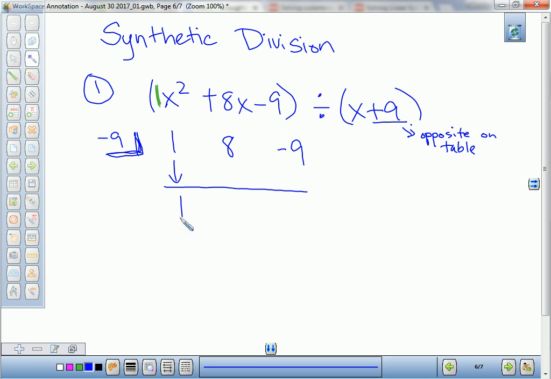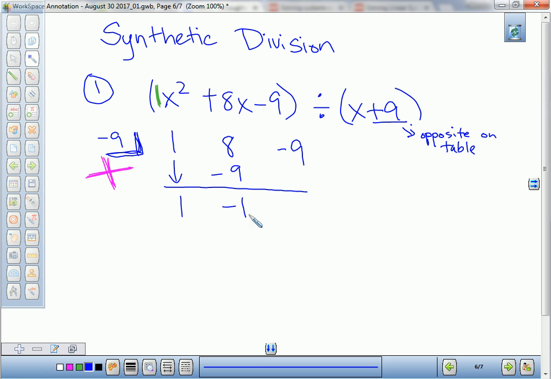Alright, and then what we do is we take the number that's sitting on the table, negative 9, and we multiply it times this. Negative 9 times 1 is negative 9. And then we add. 8 and negative 9 is negative 1.